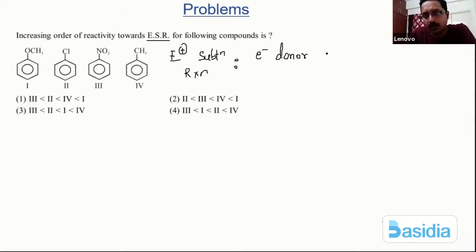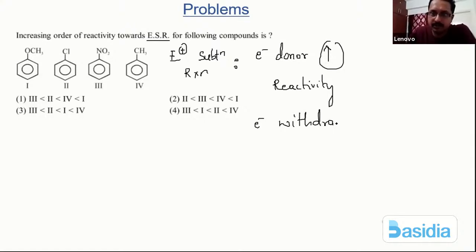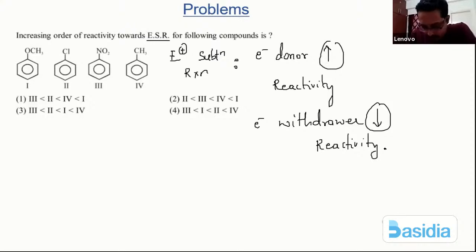So an electron donor increases the reactivity. An electron withdrawer decreases the reactivity.